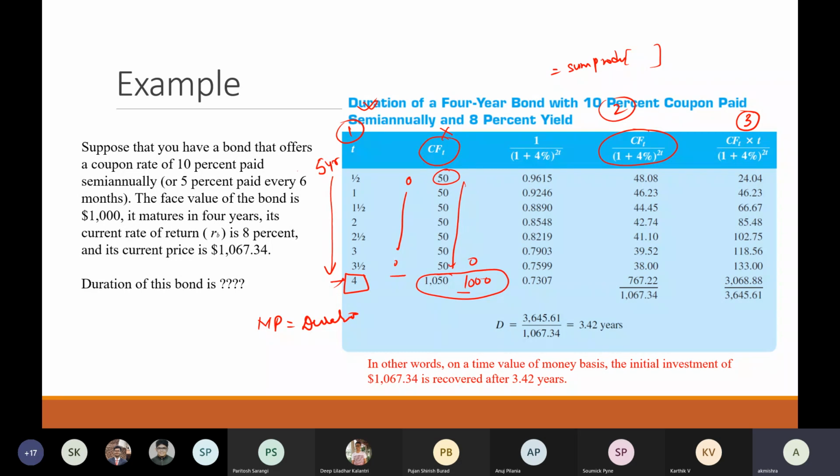And this is the special condition, when your investment is a zero coupon bond, your maturity period will be equal to duration.